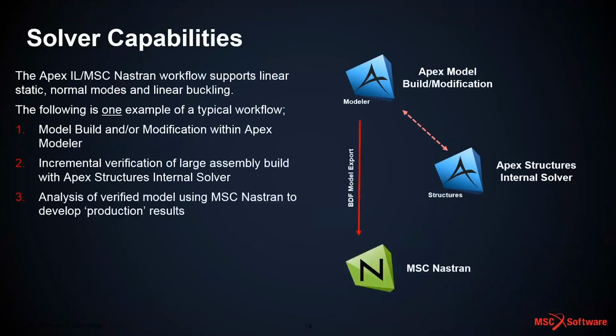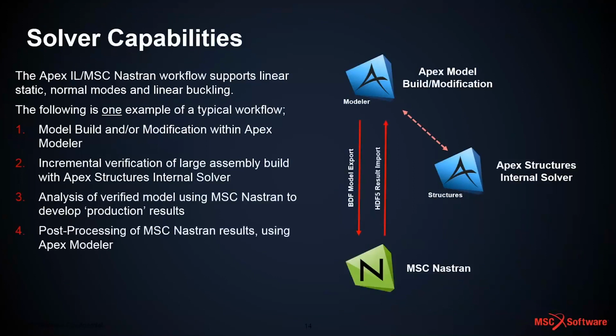Once we've got our verified model complete, we can export our bulk data file definition to the MSC Nastran external solver to develop our production level results. Once they're done, we can generate the HDF5 result and import that back into the Apex model environment for result exploration and post-processing.